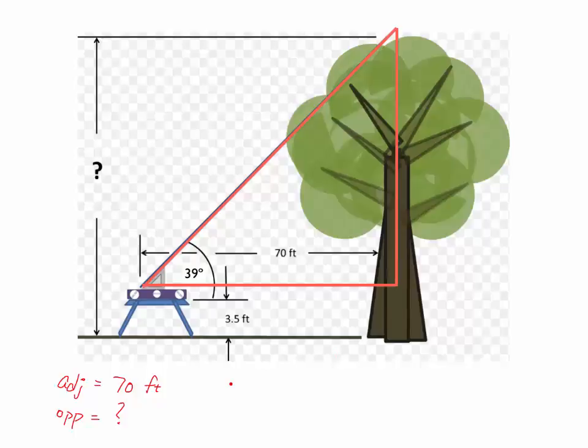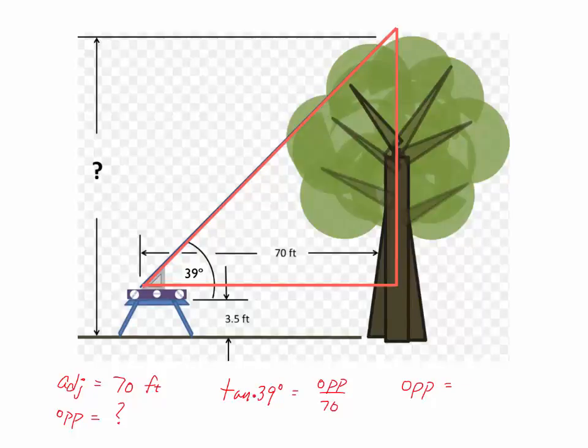So we're going to do the tangent of 39 degrees, and that's going to equal opposite over adjacent, 70. So therefore that opposite side of the triangle is 70 times tangent 39. And so this is for your calculator now.